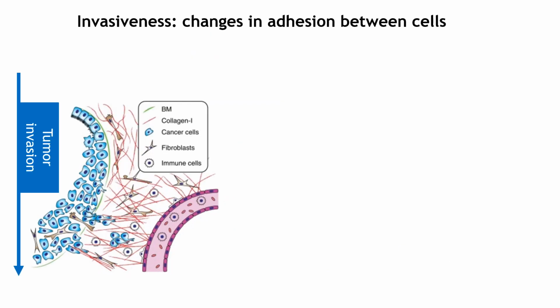Okay, so now we are going to talk not only about the morphological changes, but also what happened with the cell adhesion. If you remember, epithelial cells, and you see here, are properly attached to each other. Why? Because they have adhesion junctions.